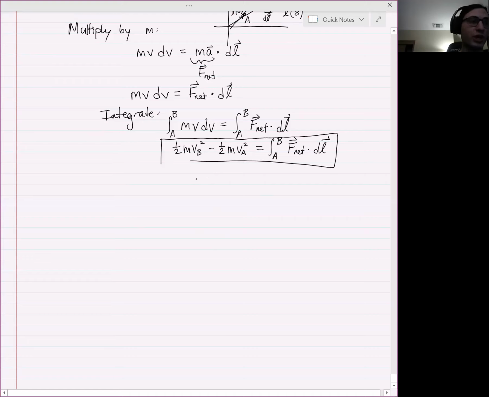This is what's called the work energy theorem. It's a mathematical relationship relating the force applied over a distance, that's what this right-hand side is, to the change in the kinetic energy, that's what the left-hand side is. So 1/2 m v_B squared minus 1/2 m v_A squared is the change in kinetic energy.